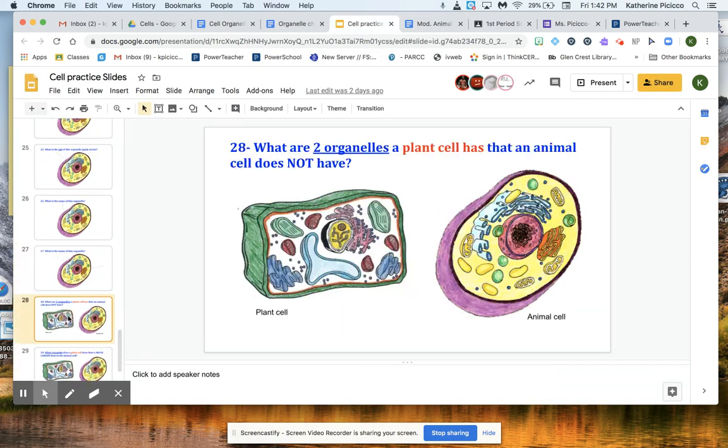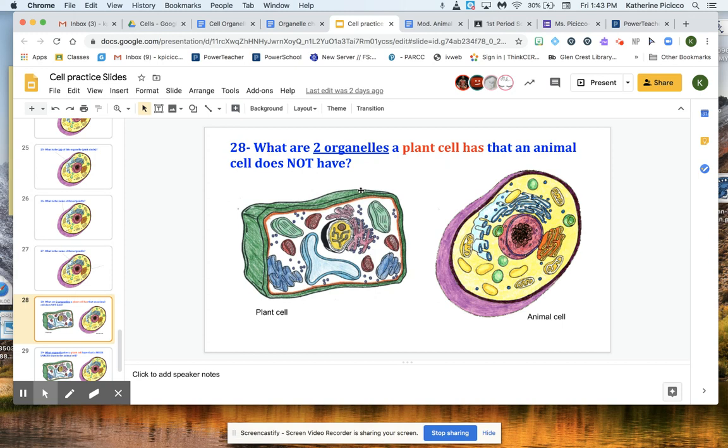Right? Now we're going to get to the picture of the plant and the animal cell, number 28. So what we've basically learned is that there's two parts that the plant cell has that the animal doesn't. And that's mostly because they can't eat their own food and they can't really move. So a plant cell has these chloroplasts, these things that look like flat stacks or like coins stacked on each other, right? That's the chloroplast. And that helps take the sun's energy and make food.